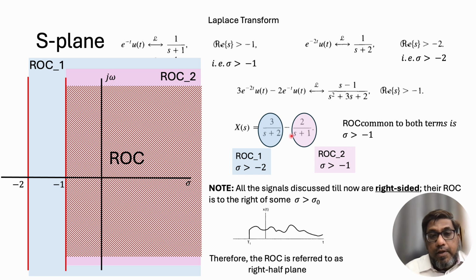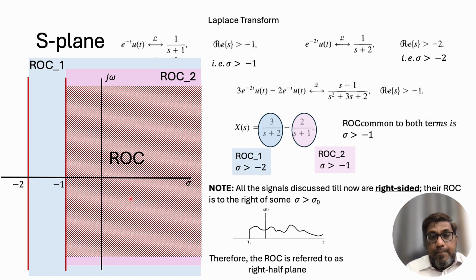The overall region of convergence is the intersection of both these regions, which is the common area belonging to both, the shaded region shown by these slanted lines, the red region here. So that is the overall region of convergence for the combined signal x of t, which is common to both the ROCs of the individual components.